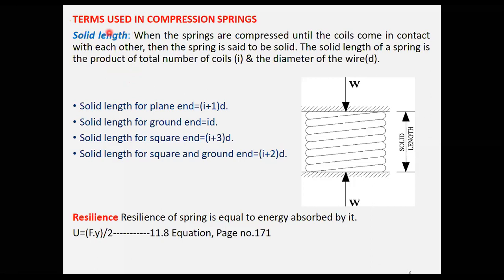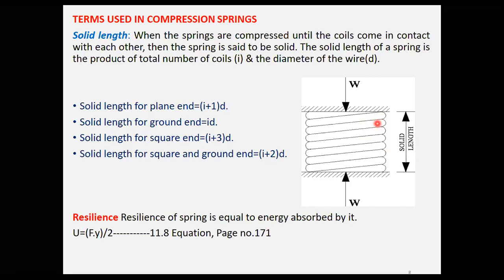The first term is solid length. Solid length is nothing but, you take a normal spring and compress it. How do you compress it? The coils will come in contact with each other.